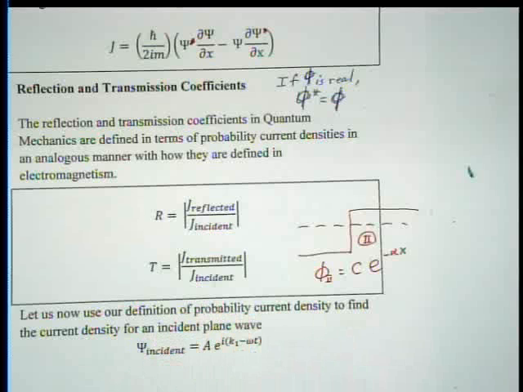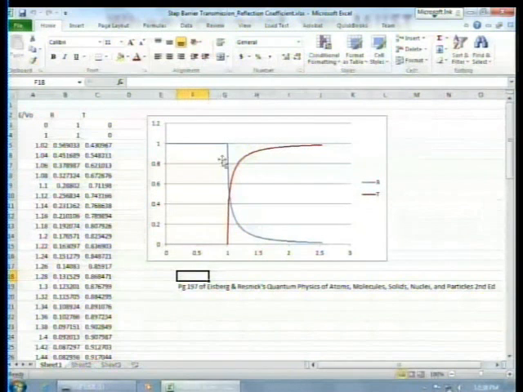All right? And that means I can go back over again. That's why you get 100% reflection here and no transmission.